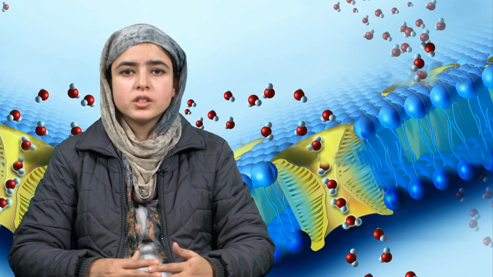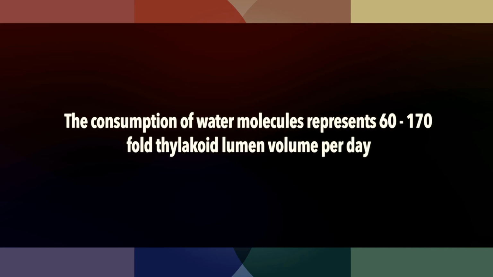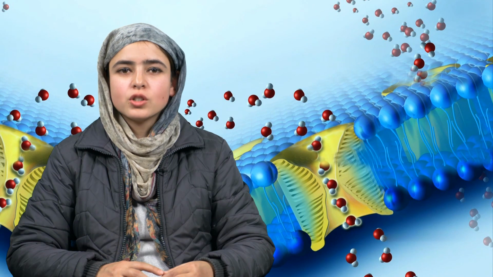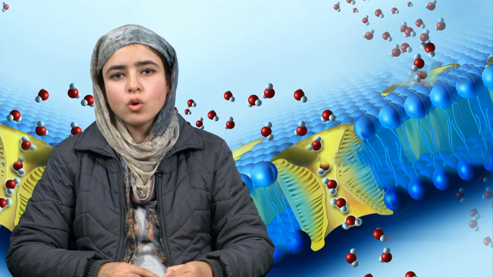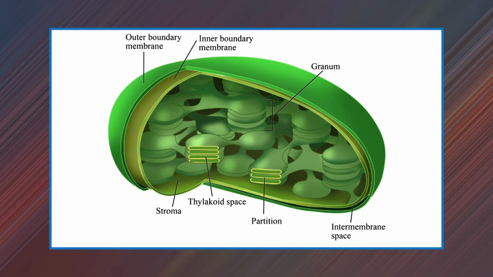It was calculated that the consumption of water molecules represents 60 to 170-fold thylakoid lumen volume per day. Although NMR measurements show a moderate diffusional water permeability of the thylakoid membrane, a minute osmotic gradient might be sufficient to support the steady uptake of water required for thylakoid lumen refilling. Thus, aquaporins may be dispensable during this process.